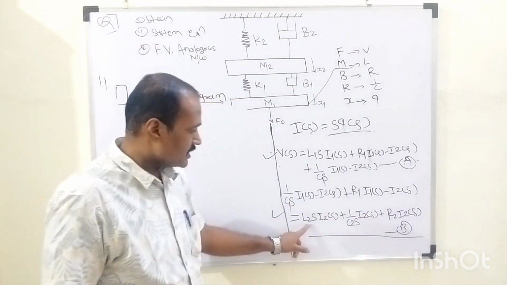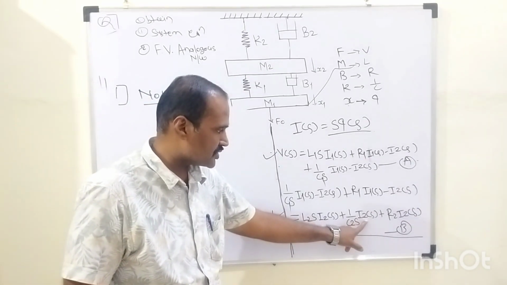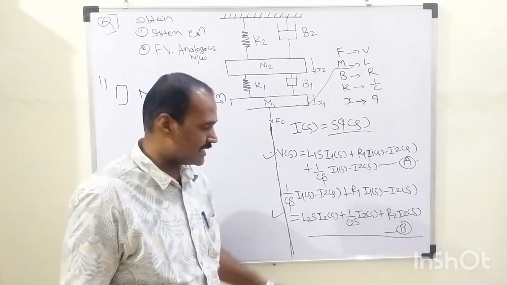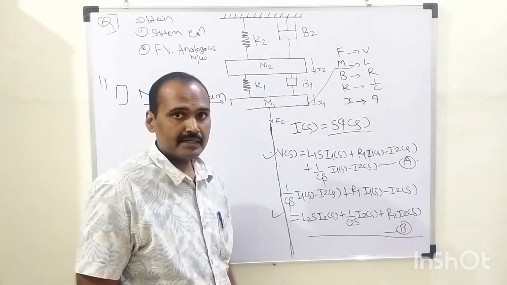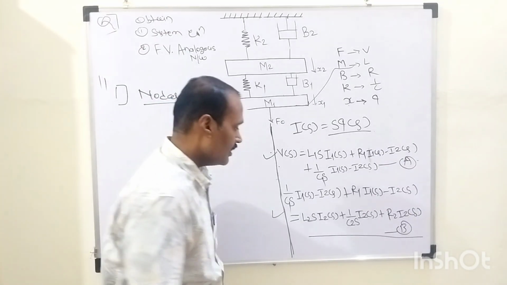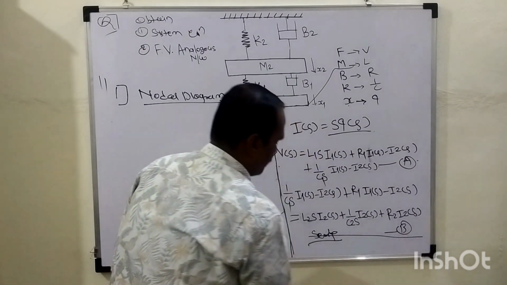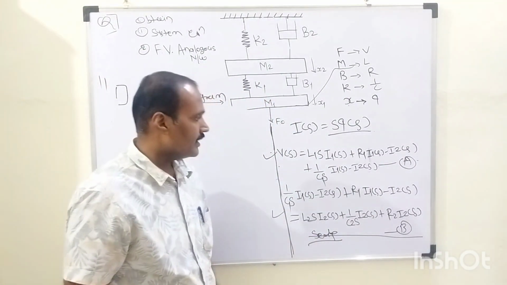Means through this L2 there will be a circulation of I2, through this C2 there will be a circulation of I2, and through this R2 there will be a circulation of I2. Means they are sharing the similar currents, right? So these three elements are connected in series form because they share the same current. Which three elements? L2, C2 and R2, right?